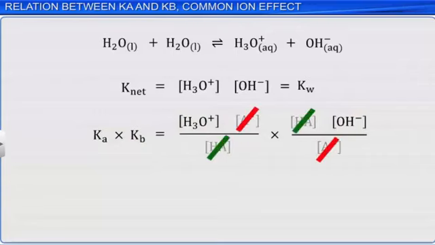This, as you know, is equal to Kw, the ionic product of water. Hence, it can be concluded that the product of Ka and Kb is equal to the ionic product of water.